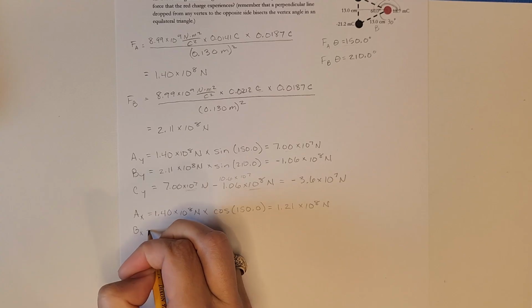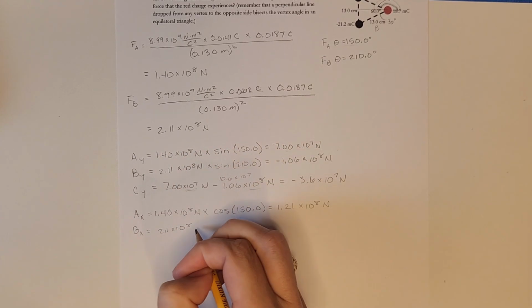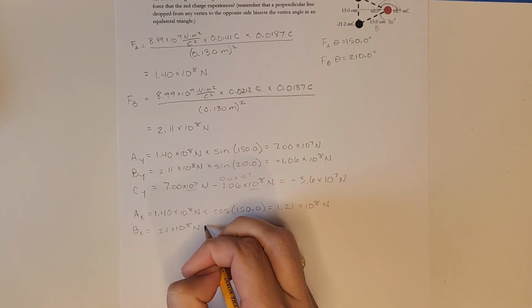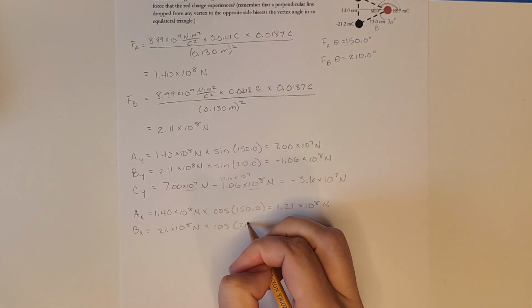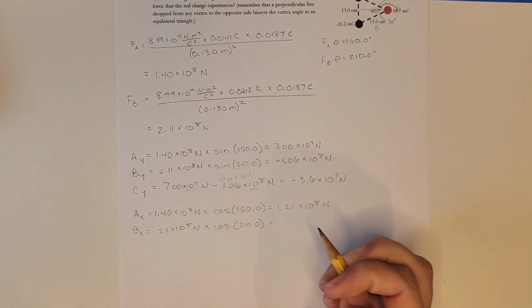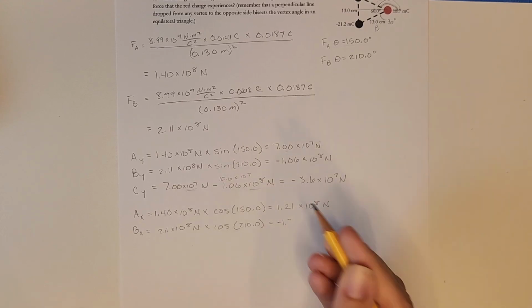For BX, 2.11 times 10 to the 8th newtons times cosine of 210 equals a negative 1 point. Oh, and this one was a negative also.